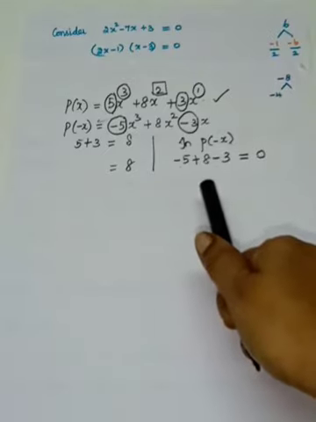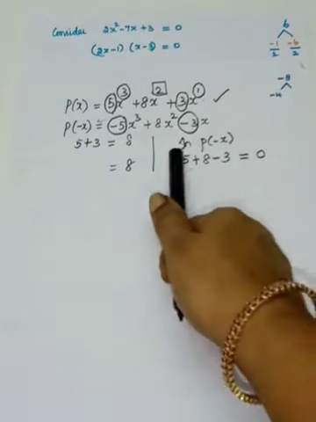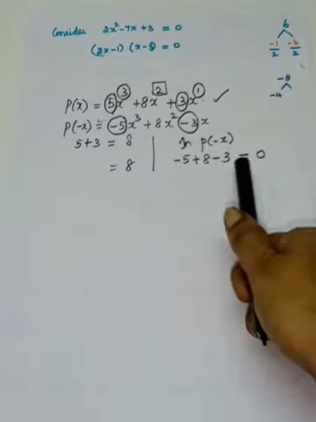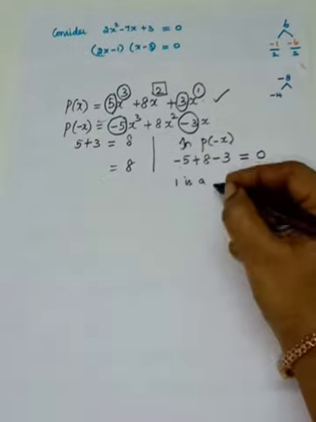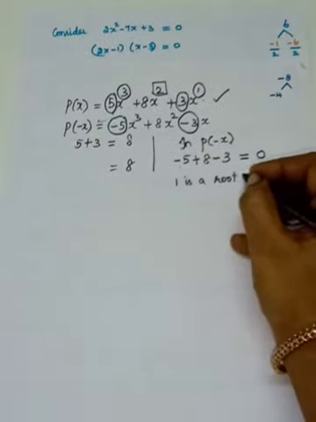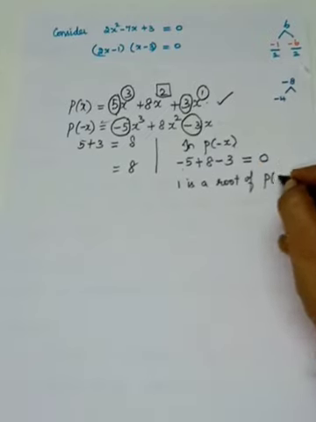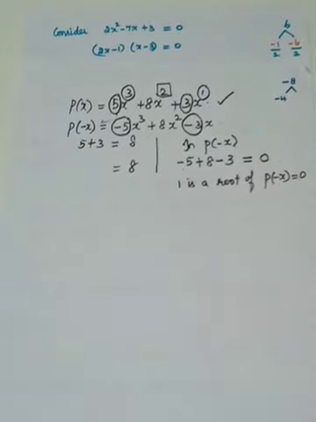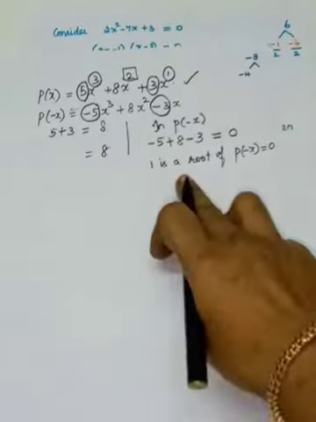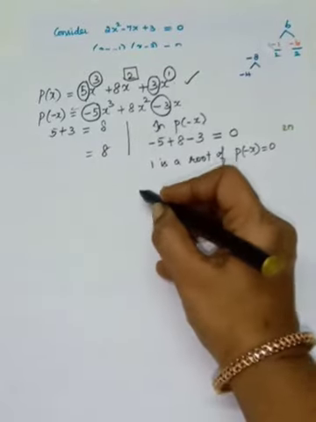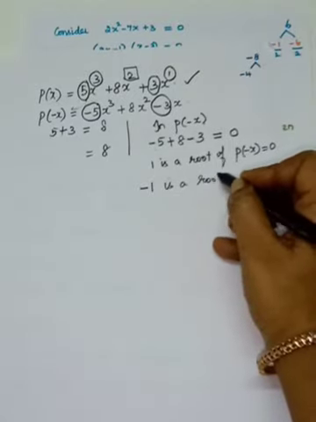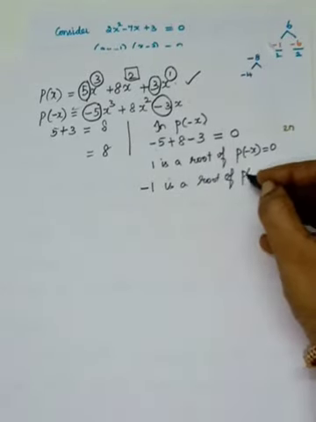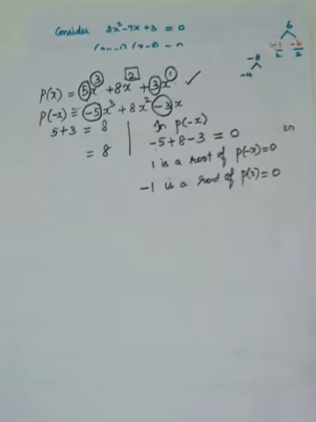So, previously we have studied that if the sum of the coefficients of the polynomial is 0, then 1 is a root of p of minus x is equal to 0, isn't it? Okay. But if 1 is a root of p of minus x is equal to 0, then minus 1 is a root of which one? P of x is equal to 0. So, what's our conclusion?